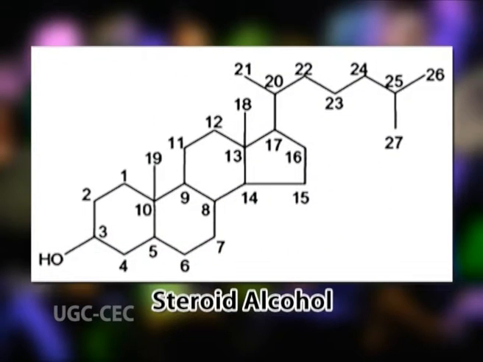The sterols are the steroids that have a hydroxyl group attached at carbon 3. They are thus also called steroid alcohols. The sterols occur naturally in plants, animals and fungi.